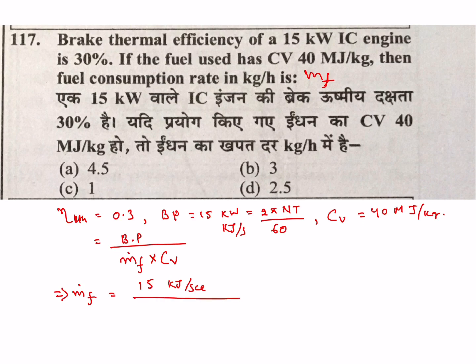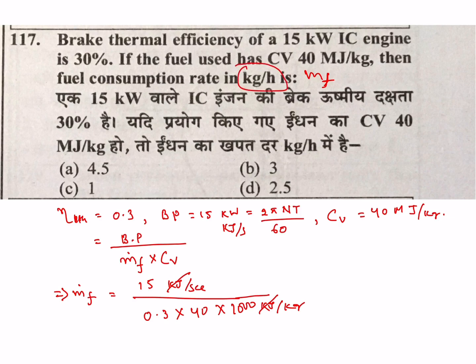divided by brake thermal efficiency 0.3, calorific value 40. It's in megajoule, we will convert it to kilojoule per kg. So 40 into 1000 kilojoule per kg. Kilojoule cancels, we will get kg per second.